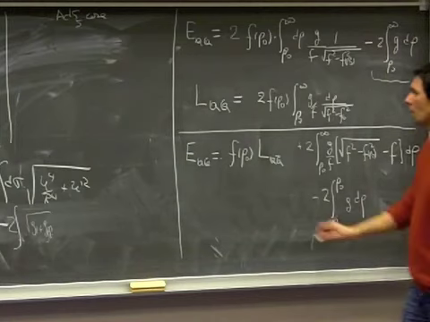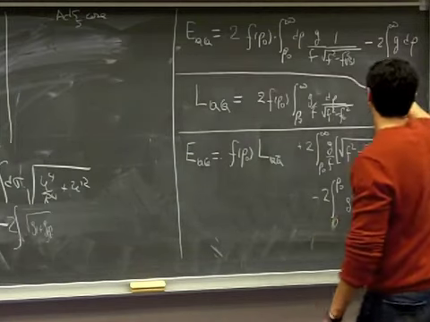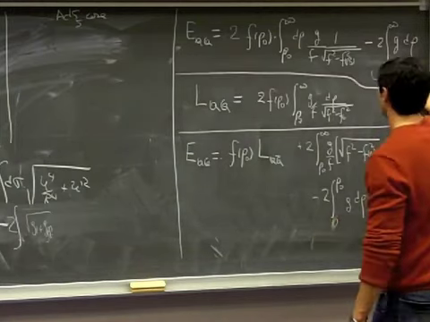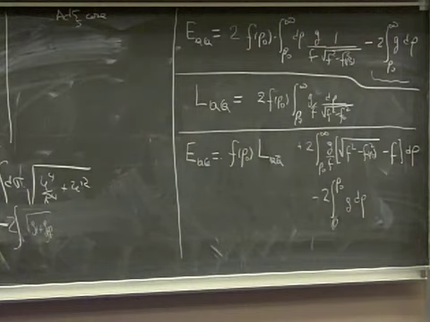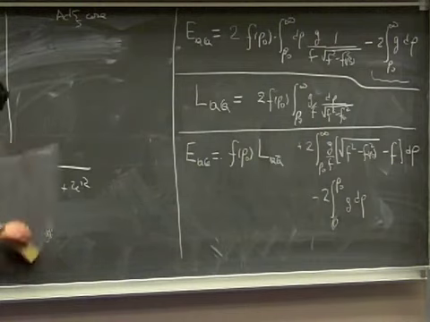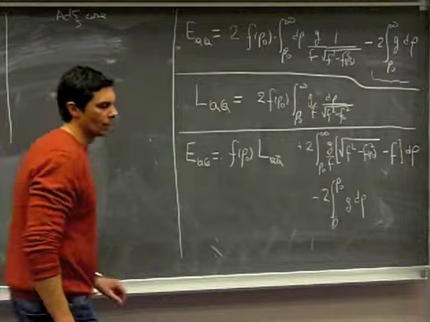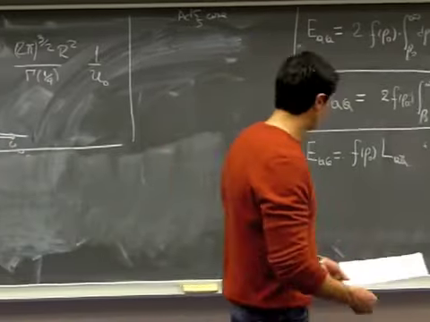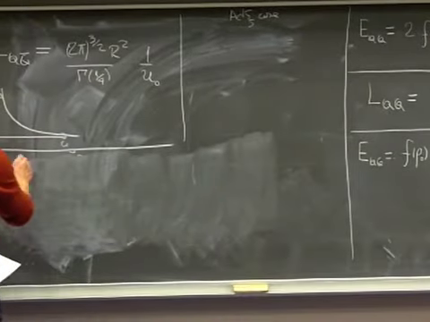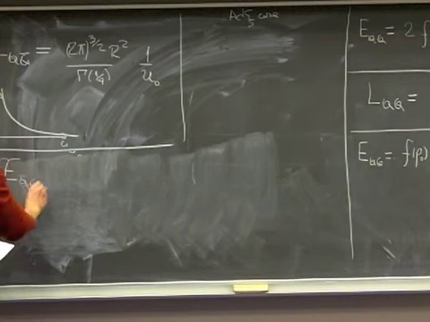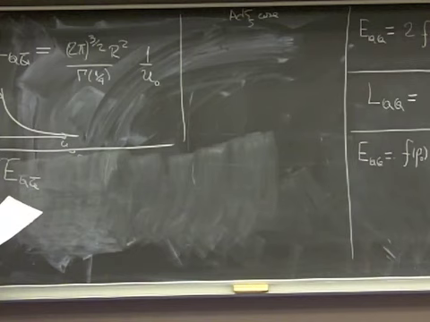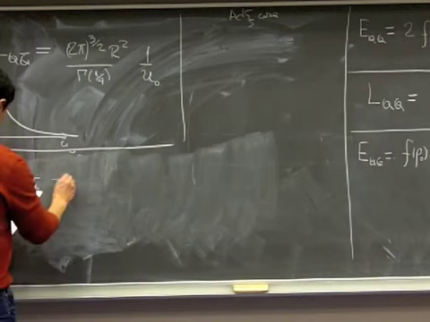So let's keep these two expressions, and let me tell you what's the result when you do this regularization in ADS. You will get that the energy between the quark and the antiquark pair, again in AdS5, the result is the following.